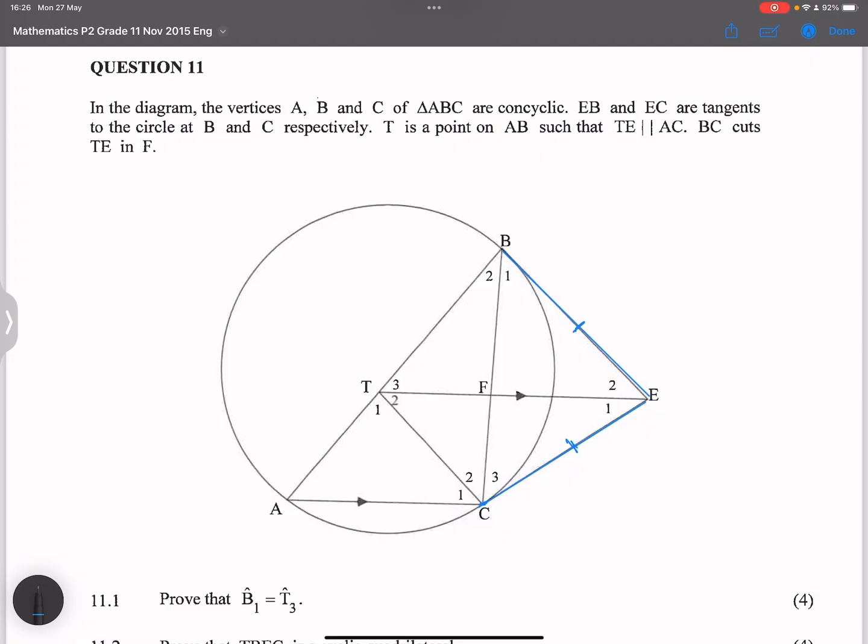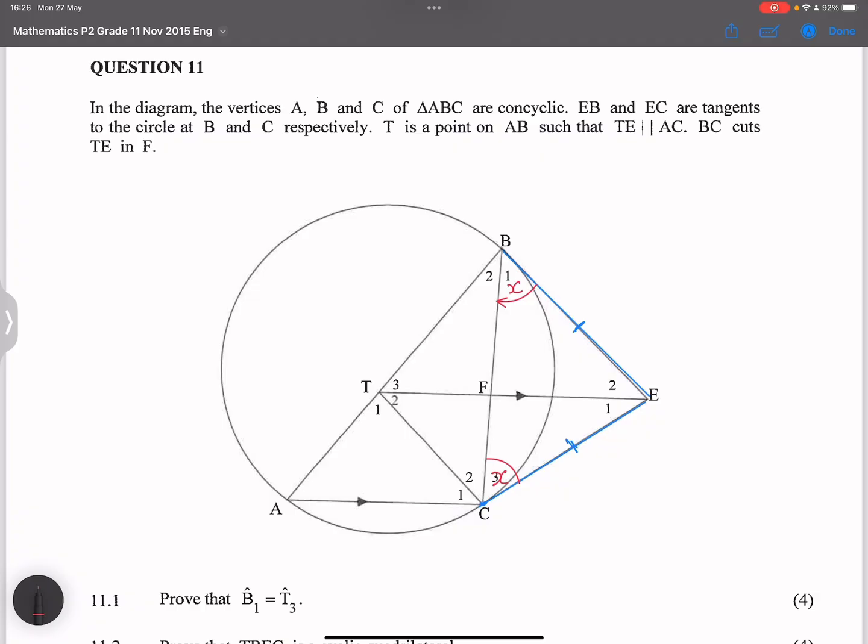Now, ladies and gents, what I always like doing on these type of questions is to find an angle, call it X, and find out how many other angles I can relate to X or make equal to X. So if I took C3, for instance, this guy is equal to X. Because BEC is already an isosceles triangle, it means that B1 would be equal to X. These are angles opposite equal sides. We know that's an isosceles triangle.